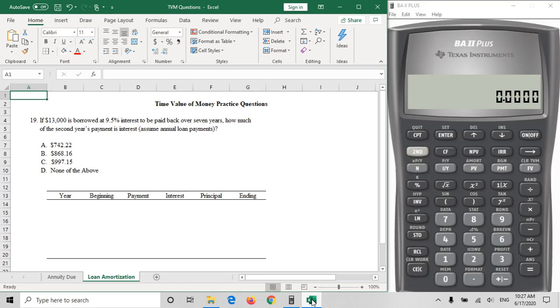Now, let's construct a loan amortization table. We can see this concept in the real world, right? When you go to a car dealership or a real estate company, you will set up a fixed payment.